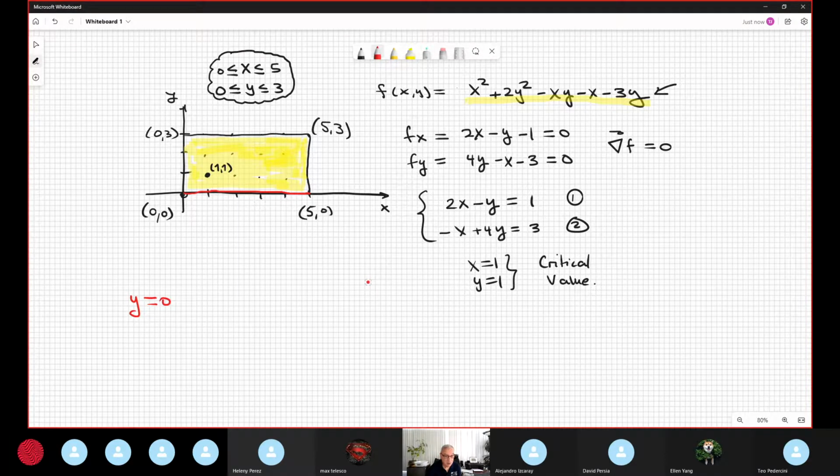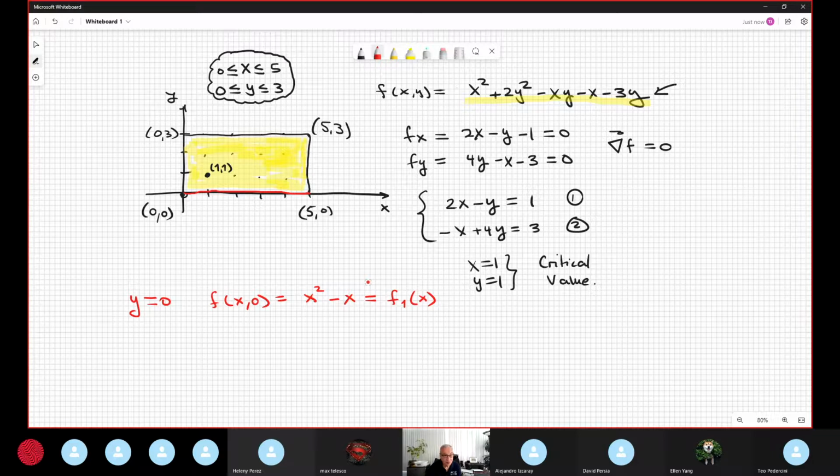So now my original function, x comma 0, because I declared y is 0, no? You plug in 0 here and you get x squared minus x. I don't know why I like to call it f1. It's a function of x only, and it's a calculus 1 problem.